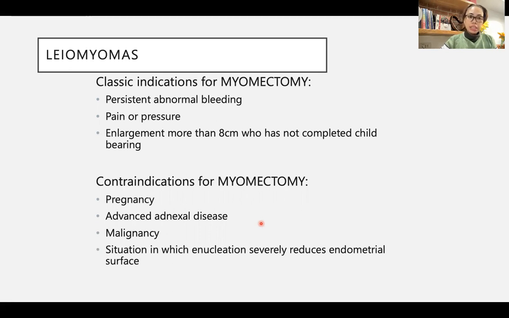In these cases, it will not be advisable to do myomectomy because we will be destroying the endometrial surface if we proceed with enucleation on a very large myoma, touching already a very big part of the endometrial surface. Our goal is to preserve fertility, so if we destroy the endometrium, then it defeats the purpose.